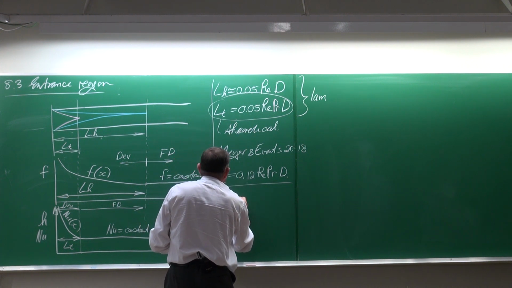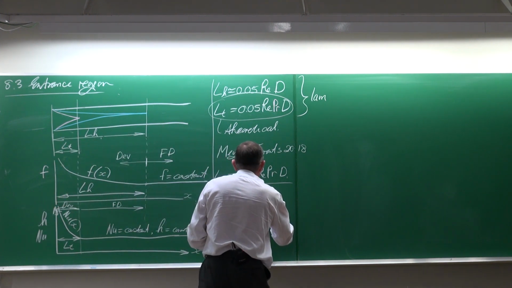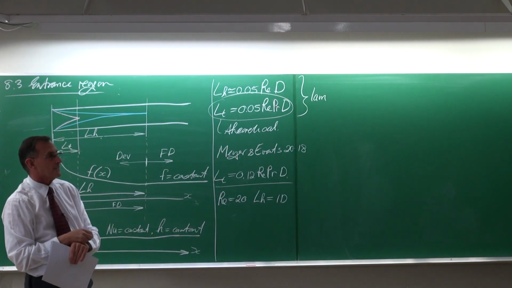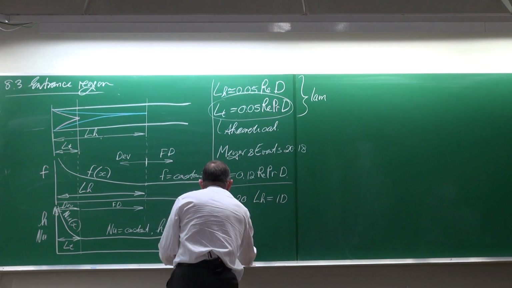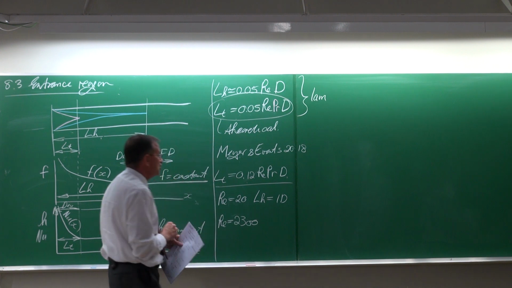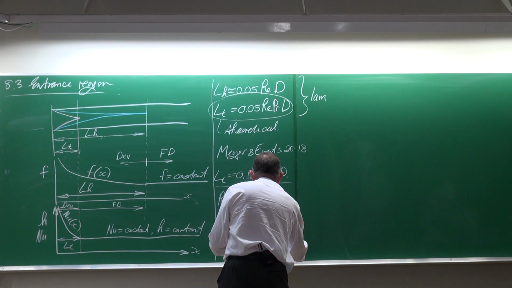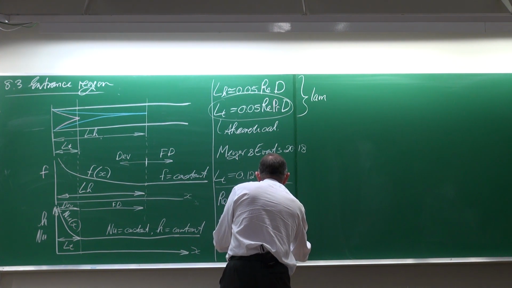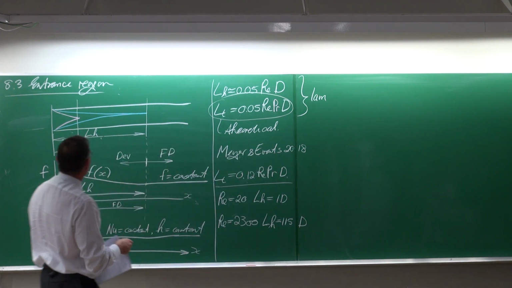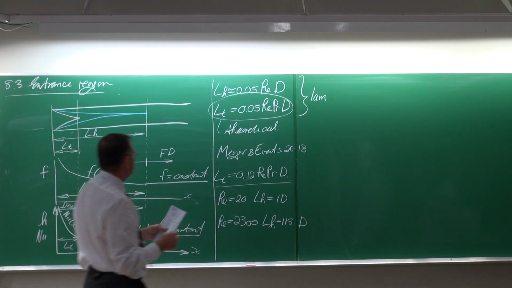So using this equation, take note, not this equation, but this one. Let's suppose the Reynolds number is equal to 20. Okay. Then LH is approximately 1 diameter. Let's suppose the Reynolds number is equal to 2,300, so that is about a transition. Then LH is equal to 115 diameters, because that is how far before the velocity boundary layer will be fully developed.